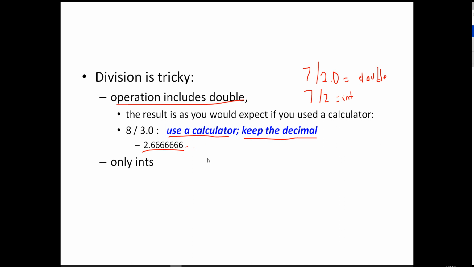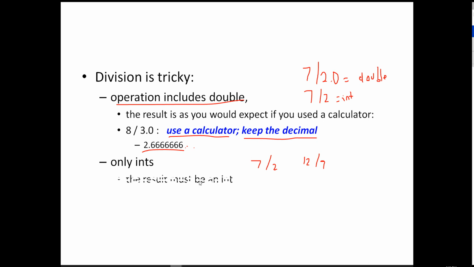But what if you only have ints? Only have ints, like 7 divided by 2, or 12 divided by 3. Well, let's say 7. All of these, if you did these right now in the calculator, you would not get an int. You would get a decimal.